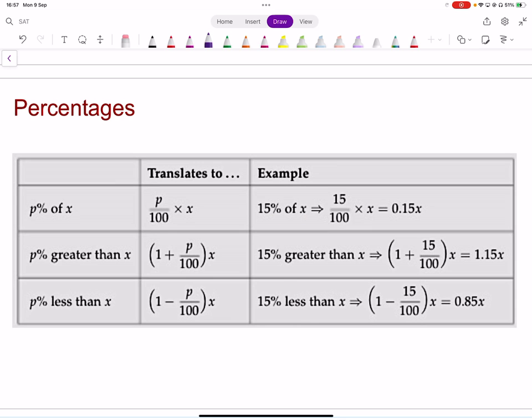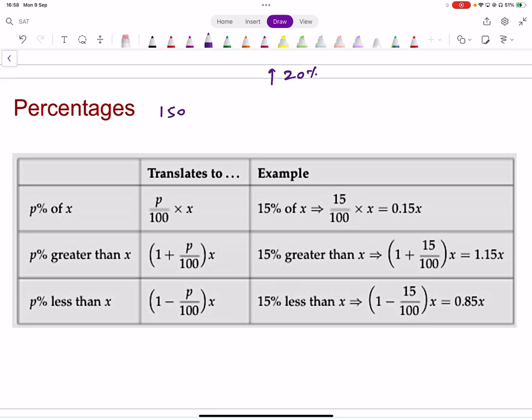Now, sometimes you have to increase something by a certain percentage, and then you have to decrease something by a certain percentage. Let's say you have 150. You want to increase this number by 20%. You have to increase 150 by 20%. Now, how do you do that?